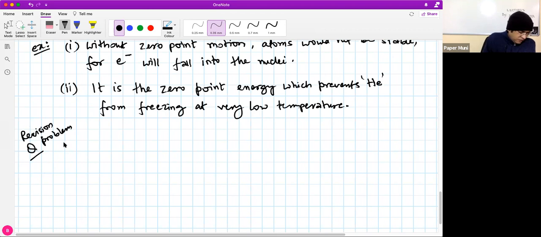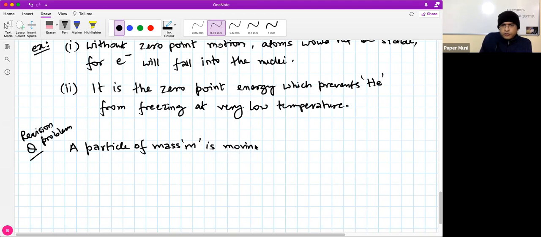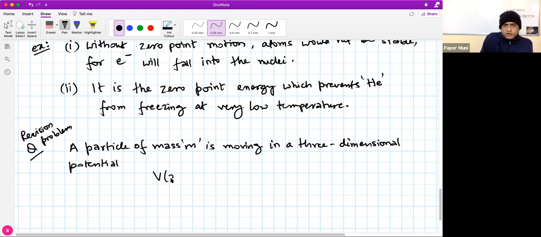The question says, if a particle of mass m is moving in a three-dimensional potential, and the potential is given by V(x,y,z) equal to half m omega square times x square plus 2y square plus 4z square.